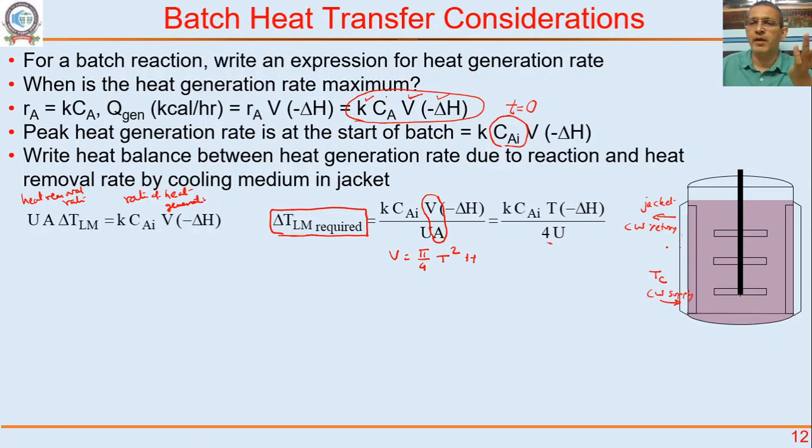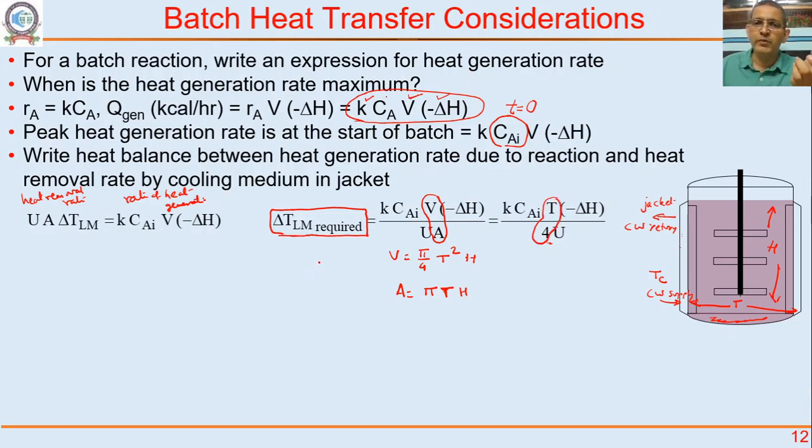This is our height H. T is the diameter. We are neglecting the volume of this dished end. And area is the area of heat transfer, pi into T into H. So then this V by A would become T by 4.